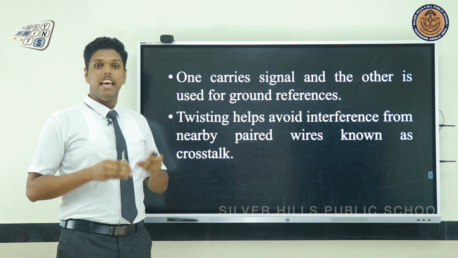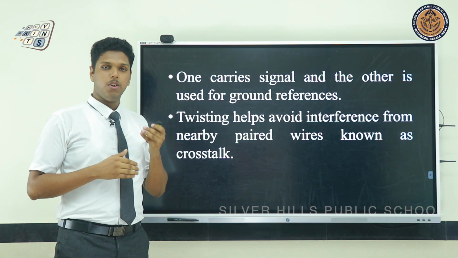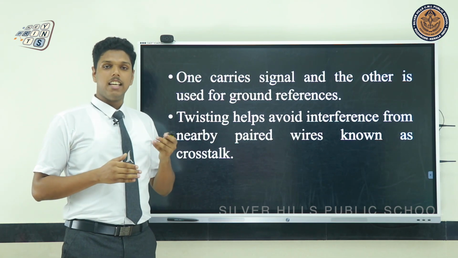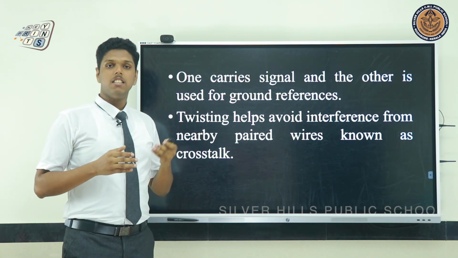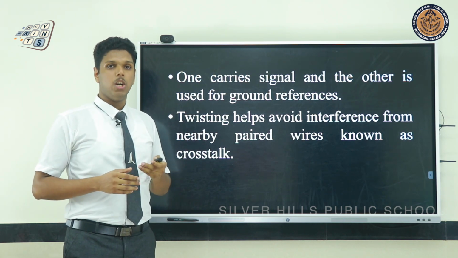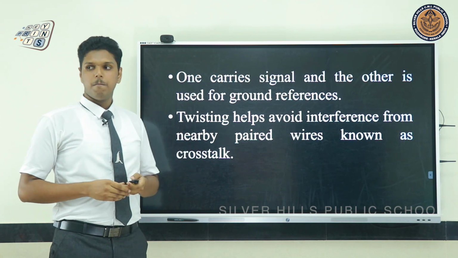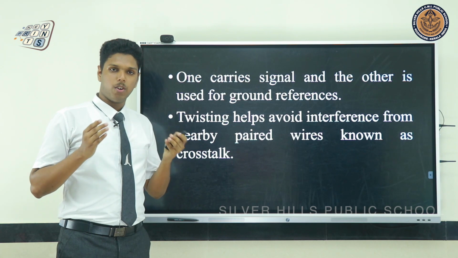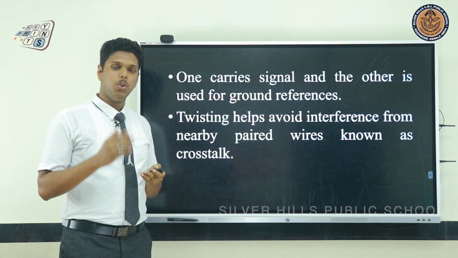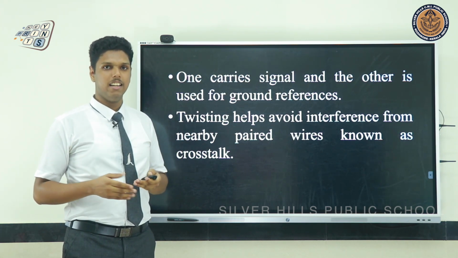And finally, these wires are twisted into pairs so that the signals do not interfere with the nearby signals, thus avoiding a phenomenon known as crosstalk. So these wires are twisted into pairs so that they can avoid crosstalk, in which the signals interact with the nearby signals.